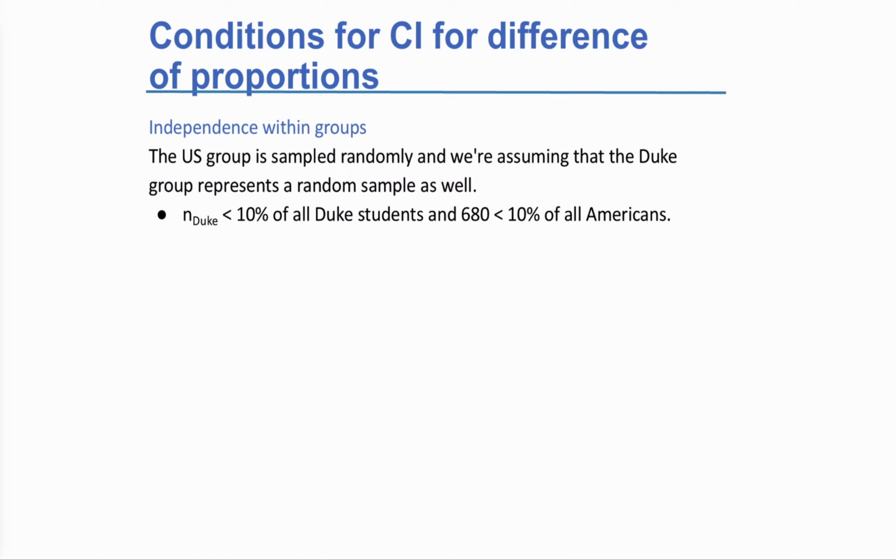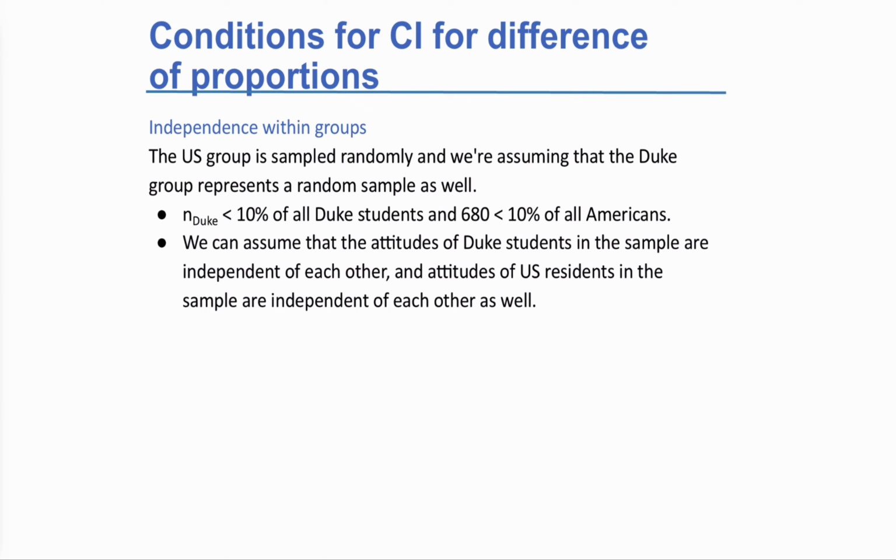We need to check our 10% condition, right? Independence is the 10% condition. So our N for Duke was 105. That's less than 10% of all Duke students. 680 is less than 10% of all Americans. And we need to assume that the attitudes of Duke students are independent of each other and attitudes of U.S. residents are independent of each other.